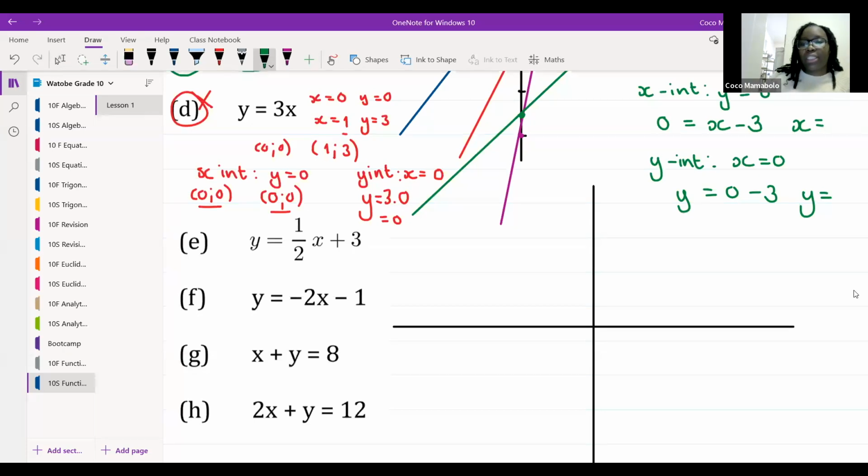Okay, remember, this is the equation you're trying to solve. 0 is equal to x minus 3. Therefore, x will be equal to what? Let me know in the chat if you're still with me.